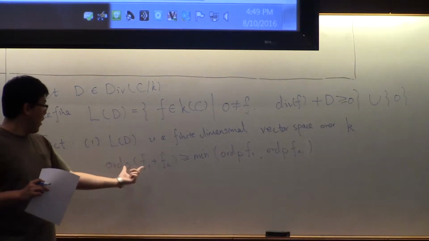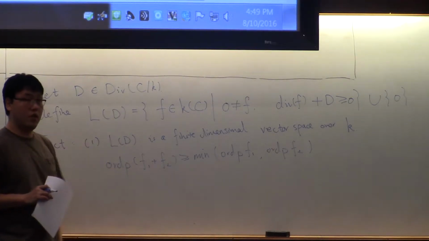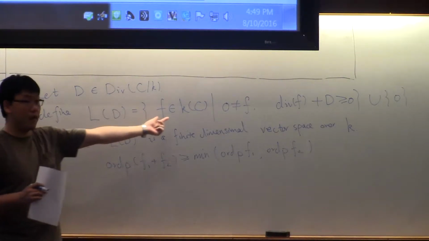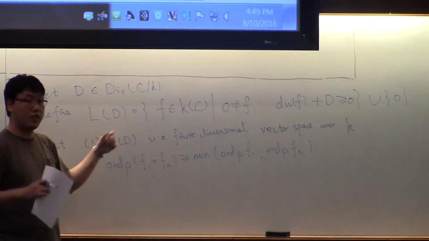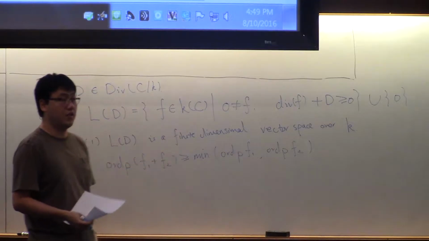So you can check this inequality by yourself, and based on this inequality, you can show that if we have two functions from this set, their sum is still an element in this set. Okay?